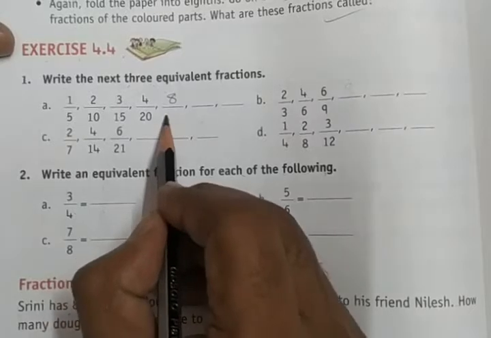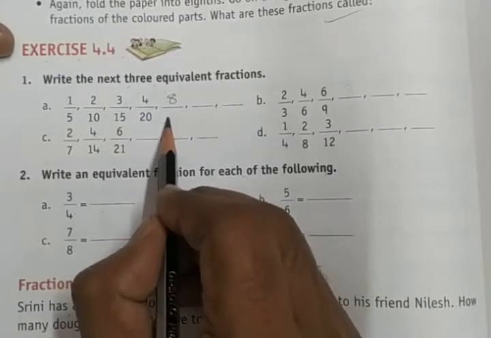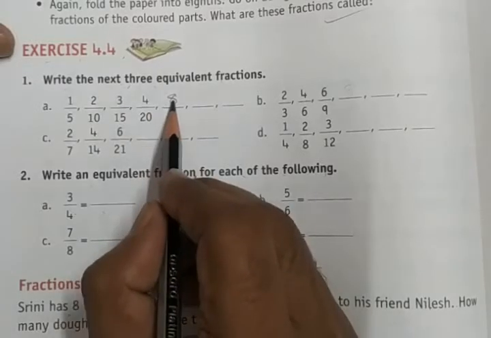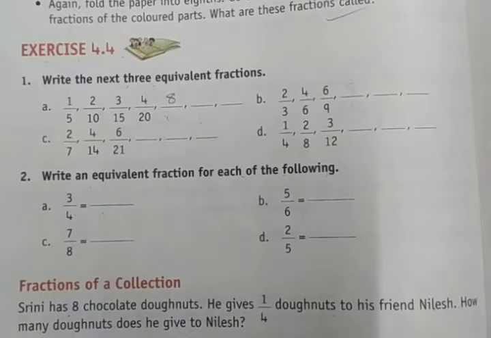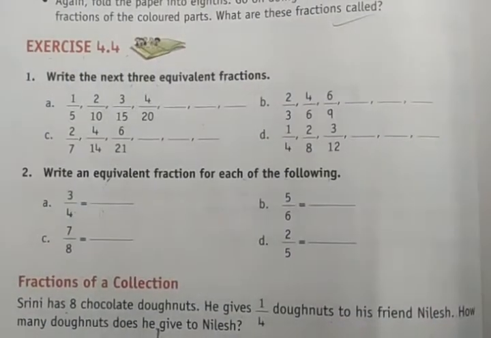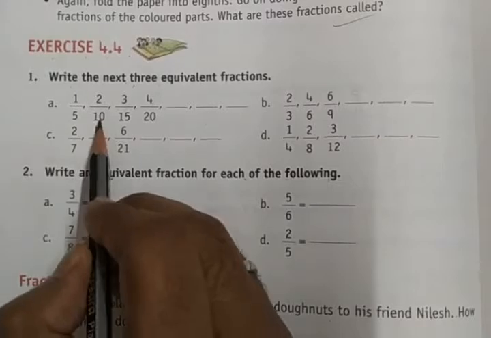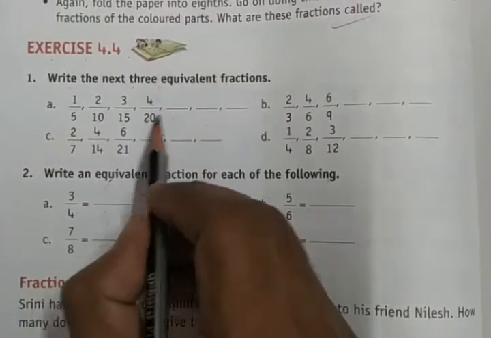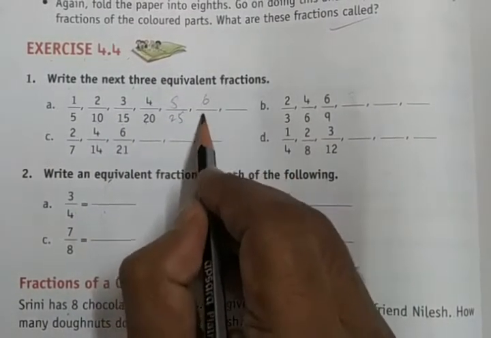So here, 1 by 5, 2 by 10, 3 by 15, 4 by 20, 5 by 25. Then 6 by 30.